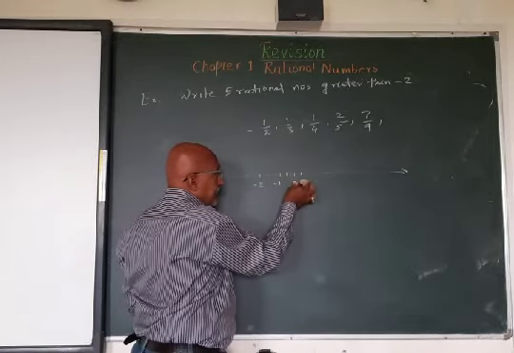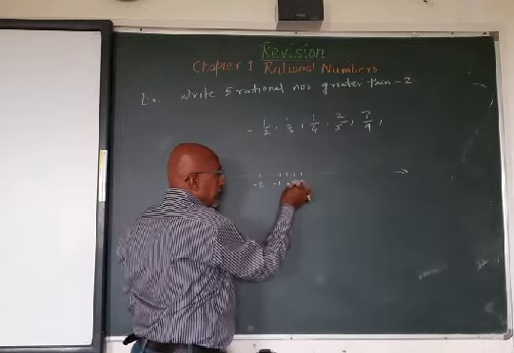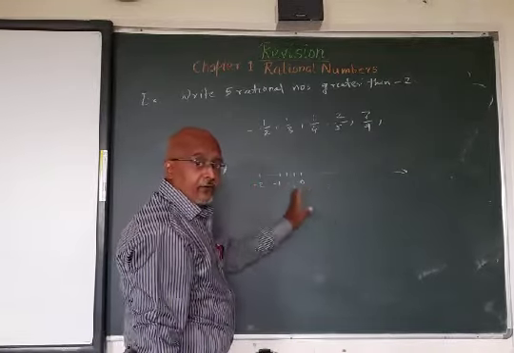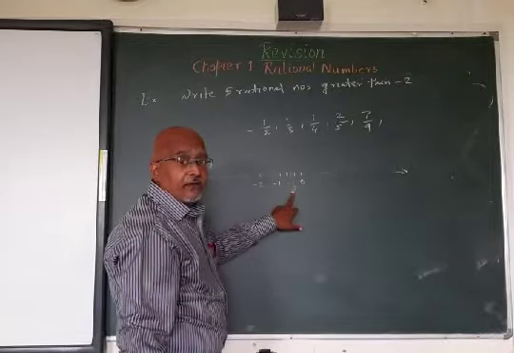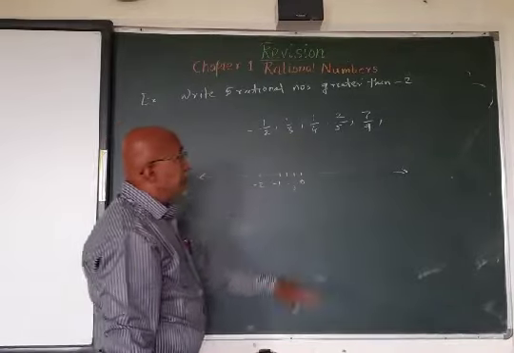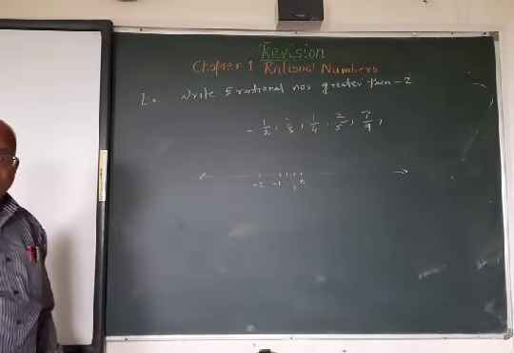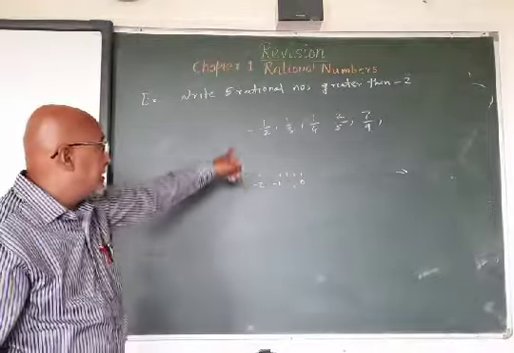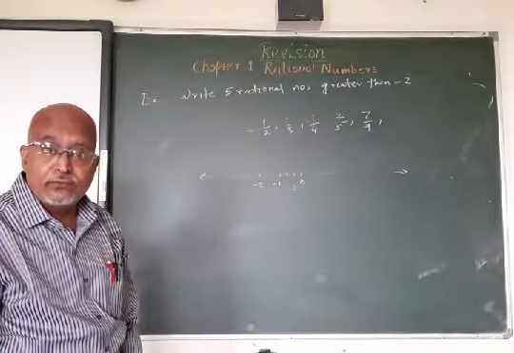So this will be nothing but minus 1 by 3. Obviously it lies towards the right of minus 2, so it is greater than minus 2. So this way we can write infinite number of rational numbers which are greater than minus 2.